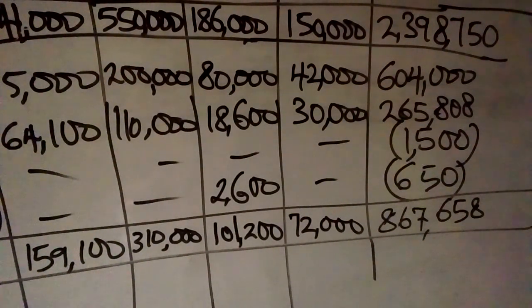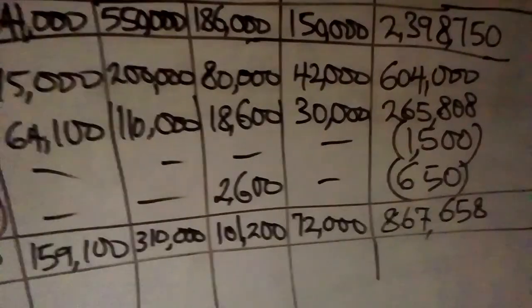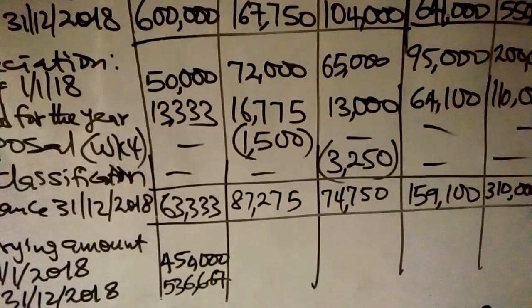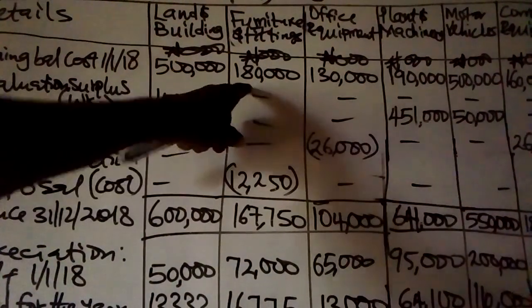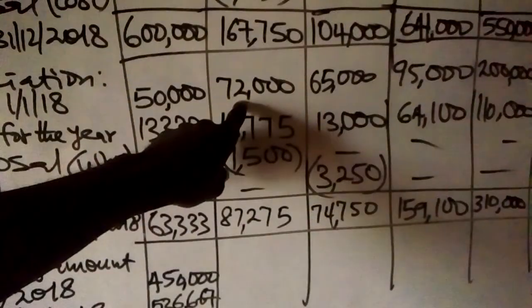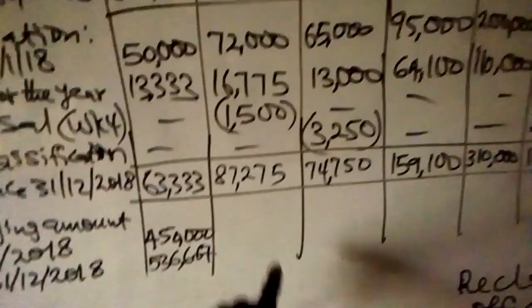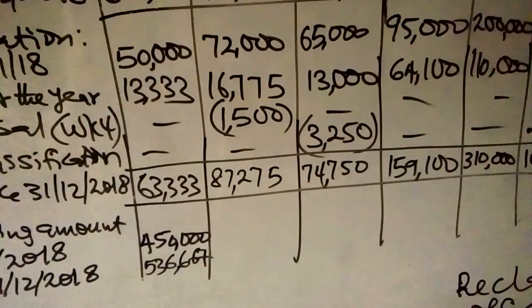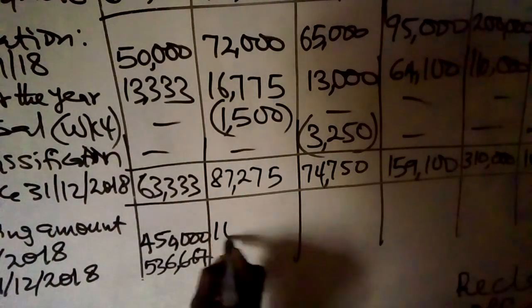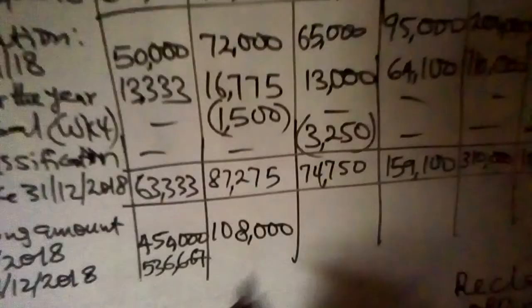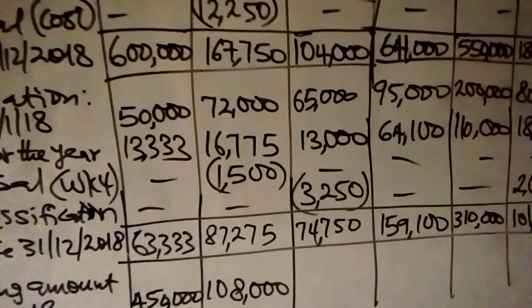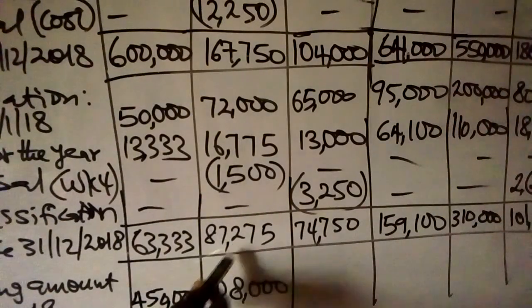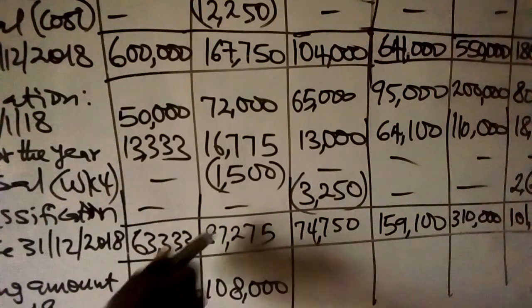The carrying amount at the beginning of the period now. I've told you that you take the opening balance. The opening balance for office furniture is 180,000 minus the opening balance of depreciation of 72,000. Then you have the opening balance of carrying amount, and that will be 108,000. The closing balance, 167,750 minus 87,275.